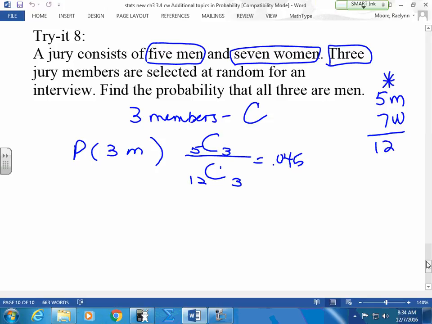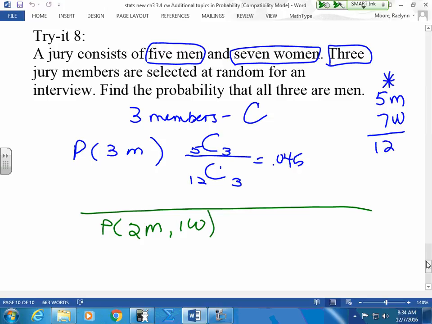Okay, I'm going to change this up a little bit. What is the probability that I choose 2 men, 1 woman? Does it matter what order I choose them in? So am I combinations or permutations?